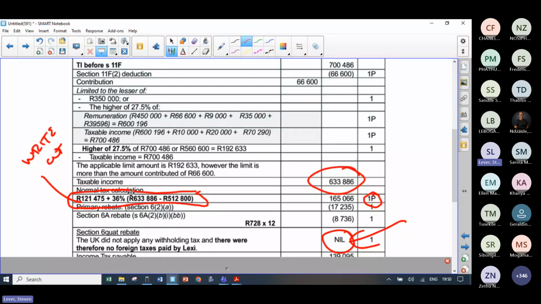So guys, they like asking individual questions like this in your exams. So I would assume that at some stage, either in test 3 or in your year-end exam, or maybe even in both, you're going to get an individual tax calc for, what, 20 or 30 marks. So you need to know how to do questions like this.